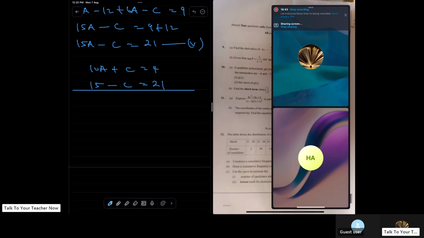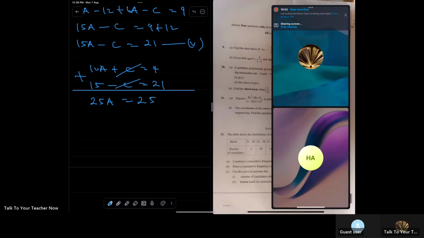When signs are different, you add; when signs are the same, you subtract to eliminate. So 10a plus 15a, 25a equals 25, right? And what's a? A is 1.